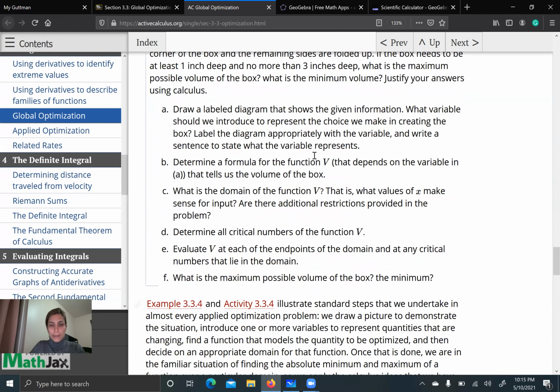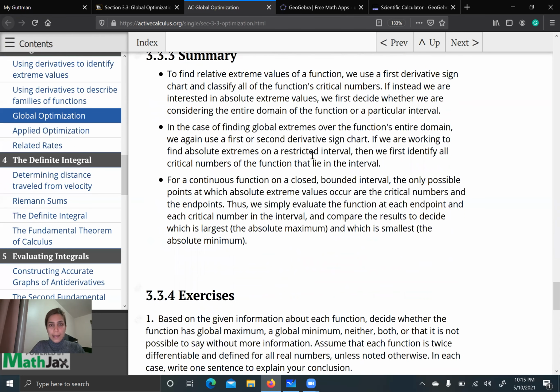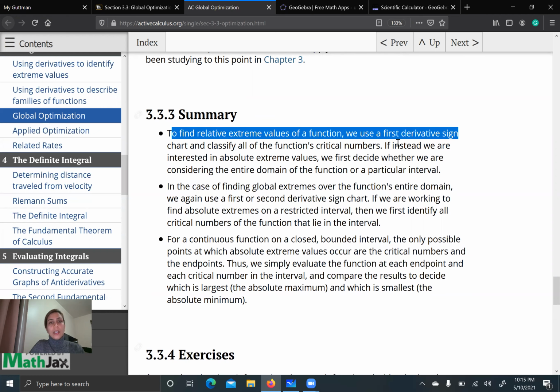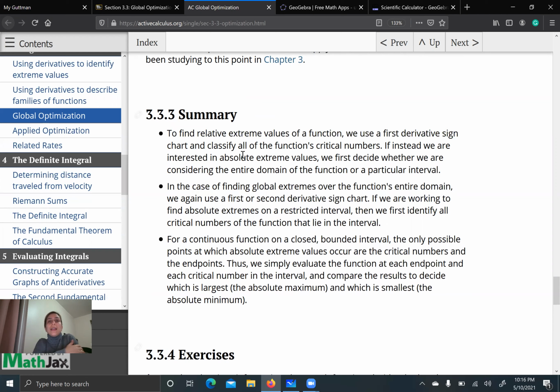Okay, that's the end of this section. In summary, we learned about relative extreme values, but we also want to find the global extreme values.